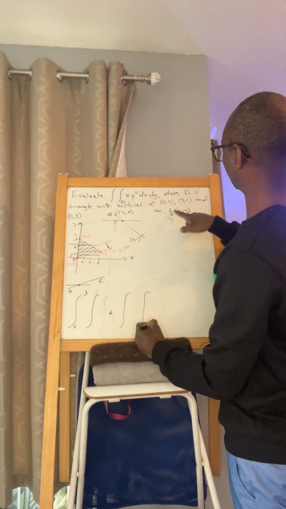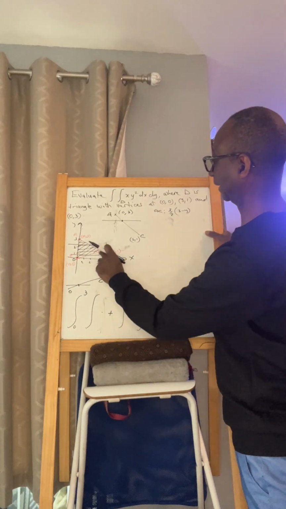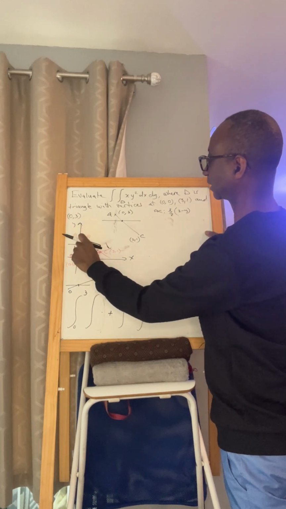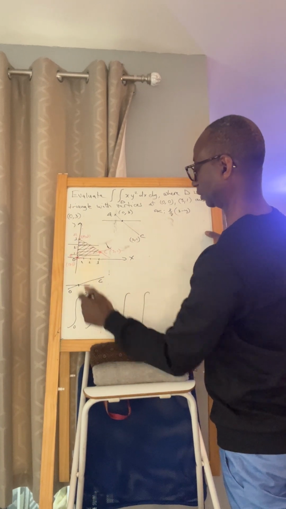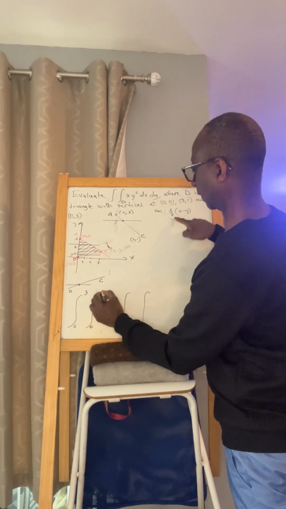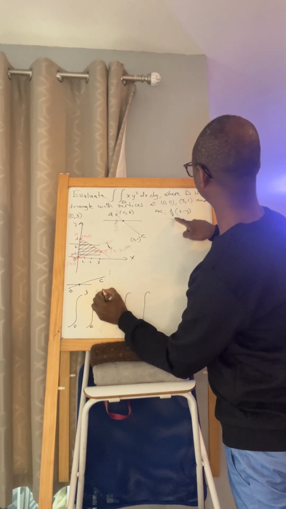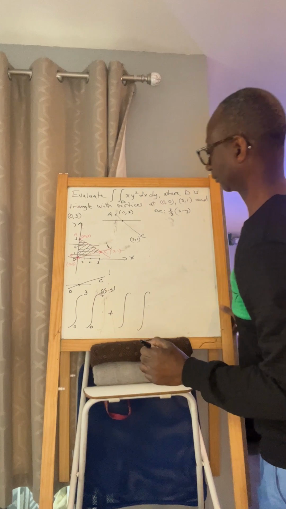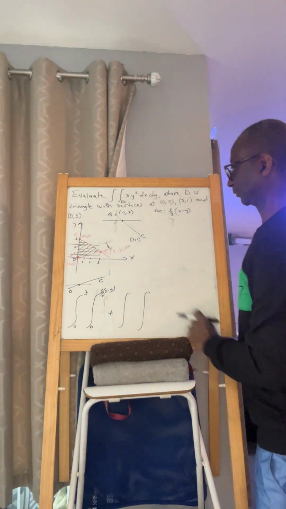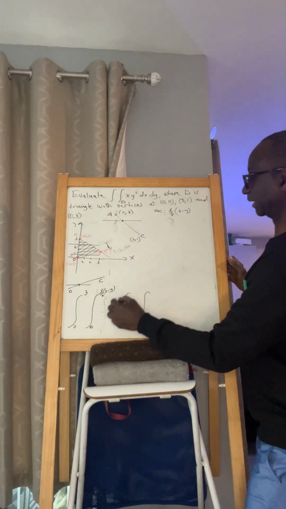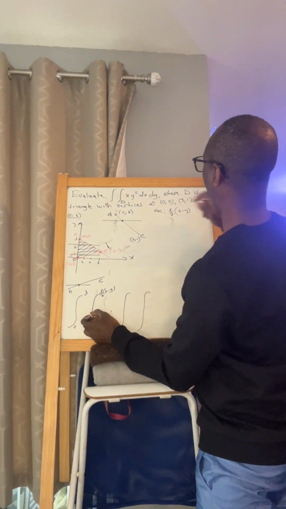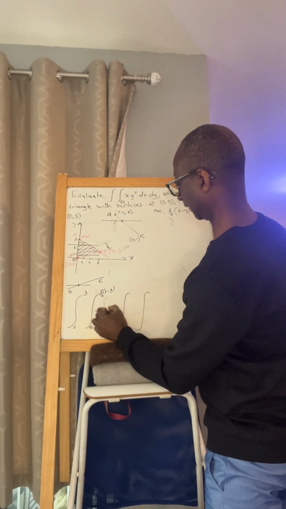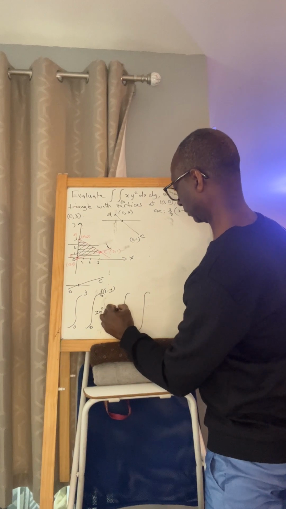And then the x value, which I've just calculated here, goes from 0 to 3 all over 2, 3 minus y. Right? For that line. And then you have your xy squared dx dy plus.